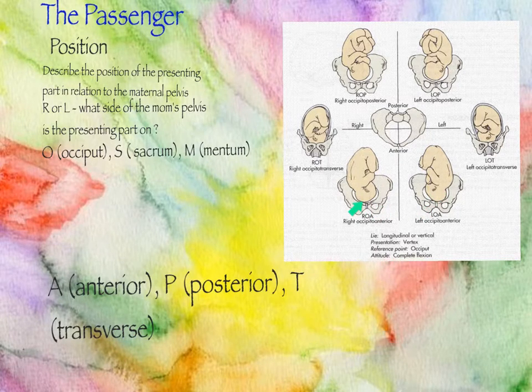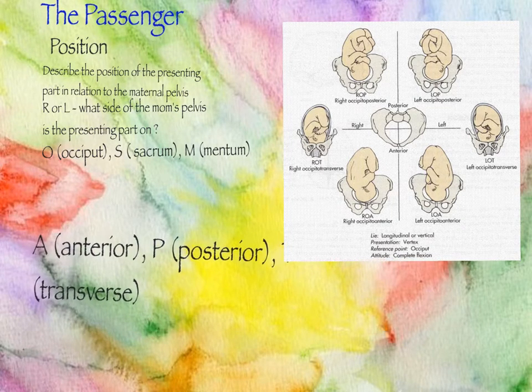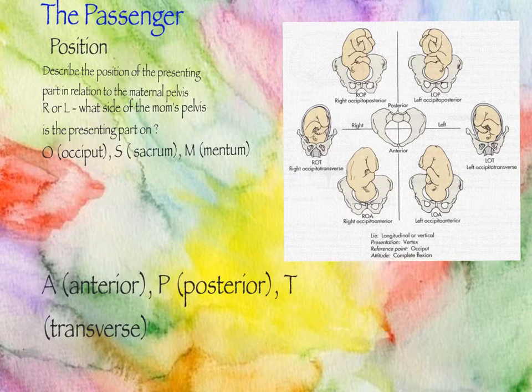That's ideal. Anterior positioning is the best. We like that. Now, the other two ways that it could be, you can have a baby who is in posterior position. And here, the hardest part of the baby's head, the back of the head, is up against mom's sacrum, which is posterior. These are your ROPs, LOPs, direct OP.